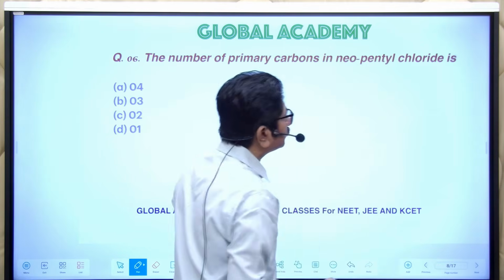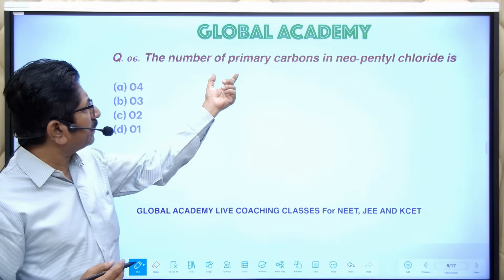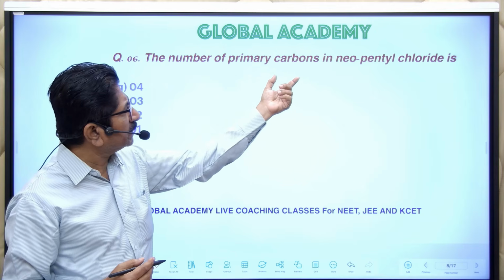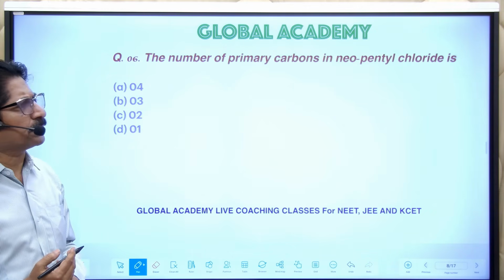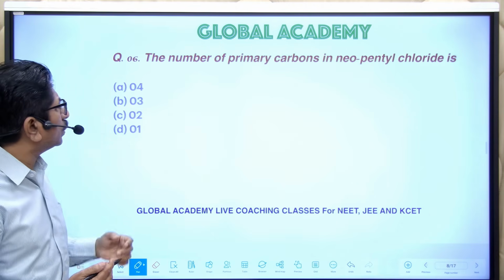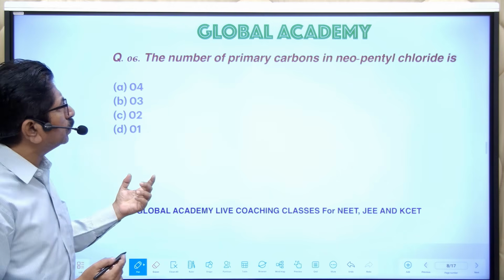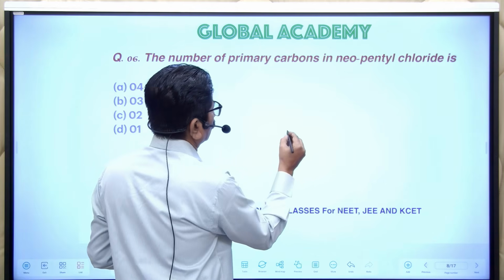The next is this. The number of primary carbons in neopentyl chloride is: 4, 3, 2, 1. How many primary carbon atoms are present in neopentyl chloride? Let's first see the structure of neopentyl chloride.